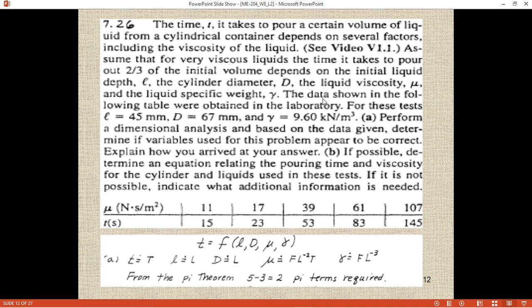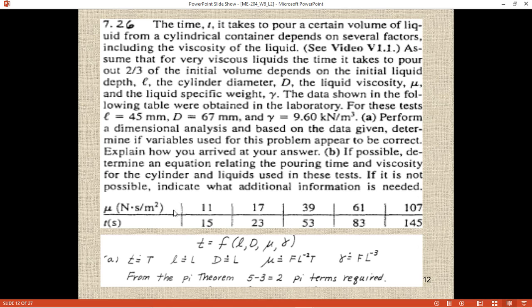The data shown in the following table were obtained in the laboratory. For these tests, L is equal to 45 mm, D is equal to 67 mm, and gamma is equal to 9.60 Newton per meter cube. So the data is taken with these initial values given. The viscosity is this much and the time is 15 seconds, 23 seconds to pour out 2/3 of the liquid.